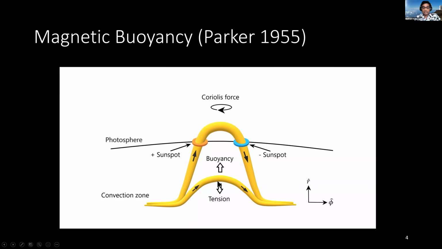And this lower density inside the flux tube makes it buoyant, so it can rise to the surface and pierce the photosphere at two locations, creating sunspots of opposite polarities. So he proposed magnetic buoyancy as an explanation for how sunspots form.